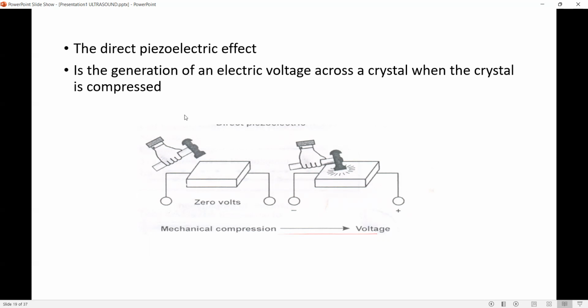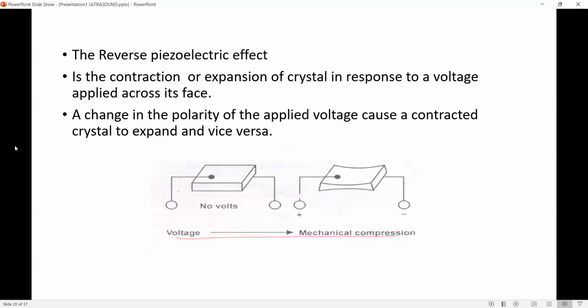The reverse piezoelectric effect is the contraction or expansion of a crystal in response to a voltage applied across its face. A change in the polarity of the applied voltage causes a contracted crystal to expand and vice versa.